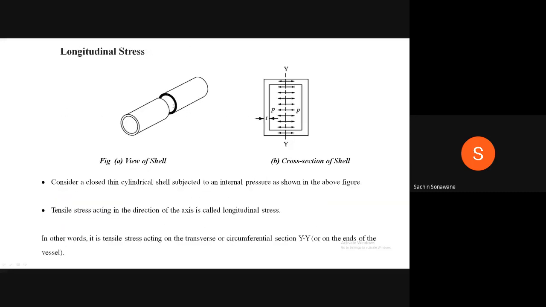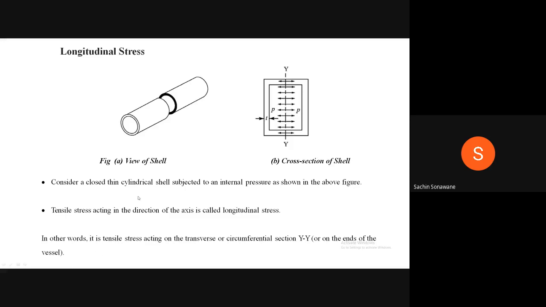And in the case of the longitudinal stress, failure of the pressure vessel takes place along the vertical axis, because this stress is acting along the vertical axis.